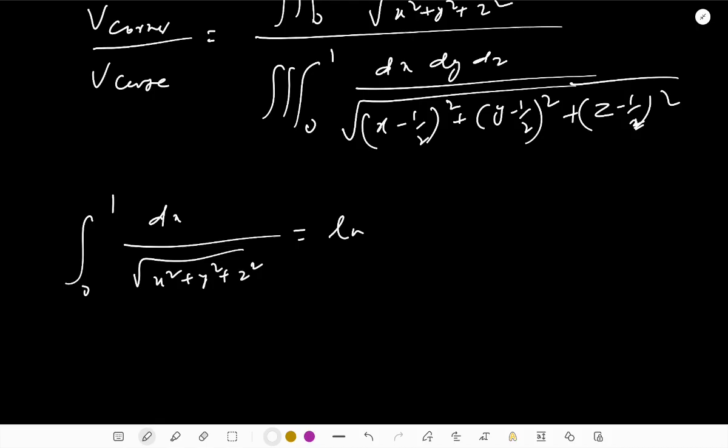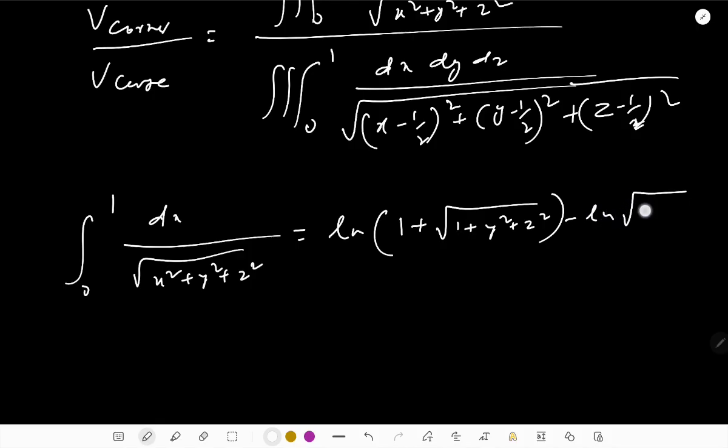The result will be ln of 1 plus, after putting the values of limits, 1 plus y square plus z square, minus ln under root y square plus z square.